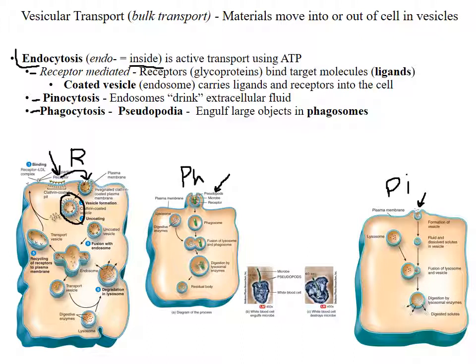And so this is a very less specific mechanism of moving things into the cell. It just sort of gets whatever is in the extracellular fluid there. So all of these are methods of getting materials into the cell via endocytosis.